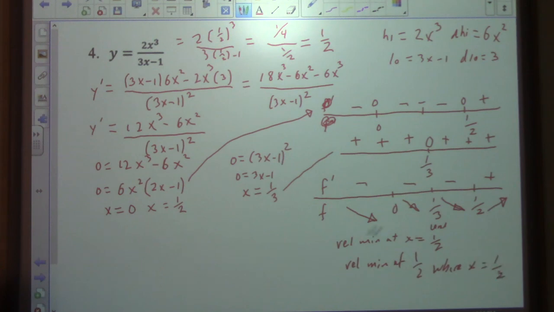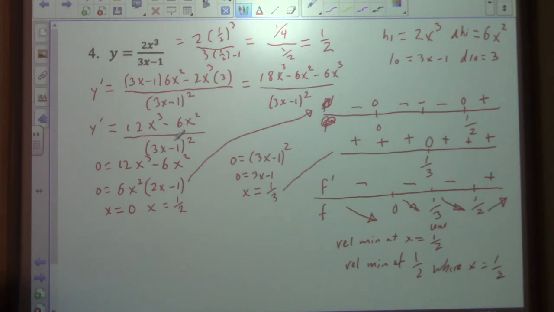And now to get our other one, to get our point of inflection, we have to take the derivative of this, don't we? But that's going to be some work, isn't it? We'd end up with still the same critical numbers down here, but this one is going to multiply our complexity quite a bit.